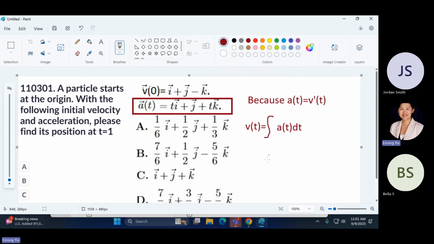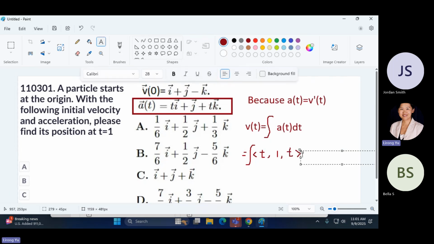this is a vector form. So let me try to write it. We're integrating the vector a(t), which is t, 1, and t, integrating from there. This is our calculation for v(t). We're going to integrate them one by one.